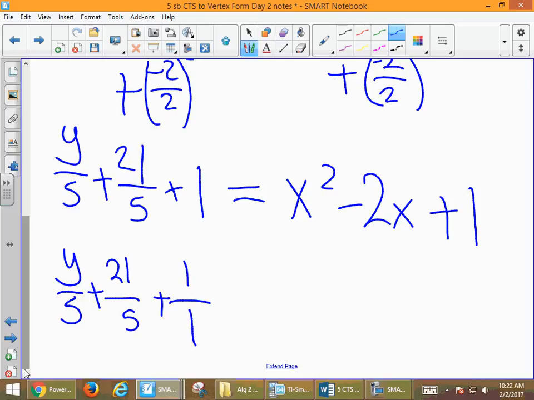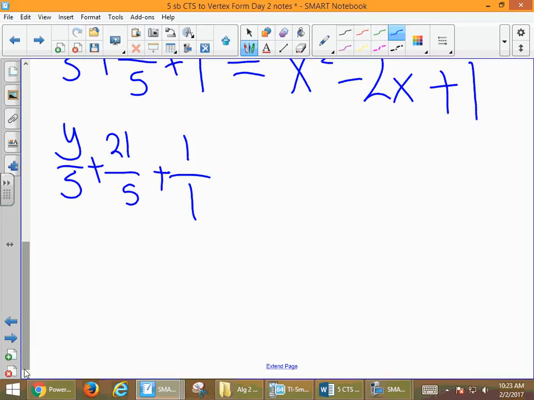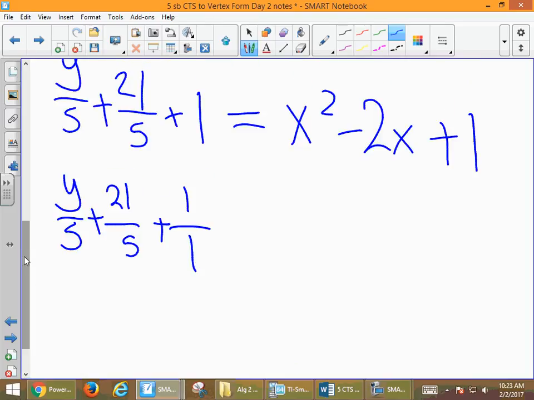And so how would we find a common denominator between 5 and 1? So it's 5, and we get 5 by multiplying 5 and 1 together. So if we multiply 5 by 1, we get 5. And so we have y over 5 plus 21 over 5.